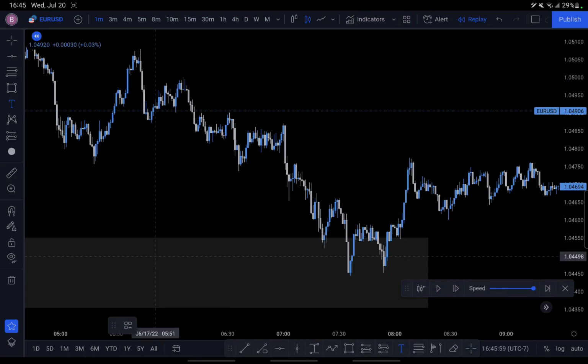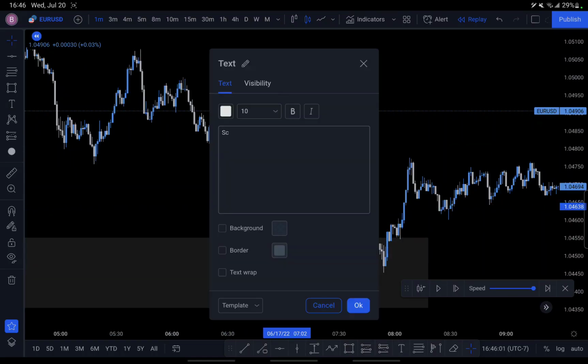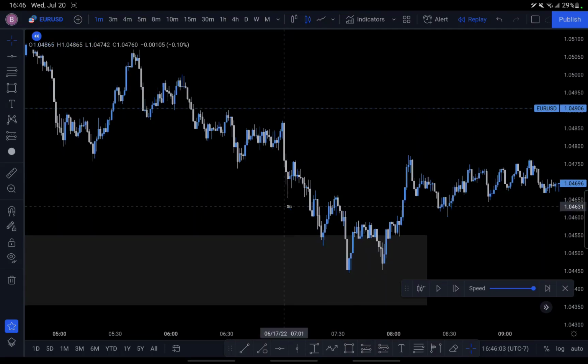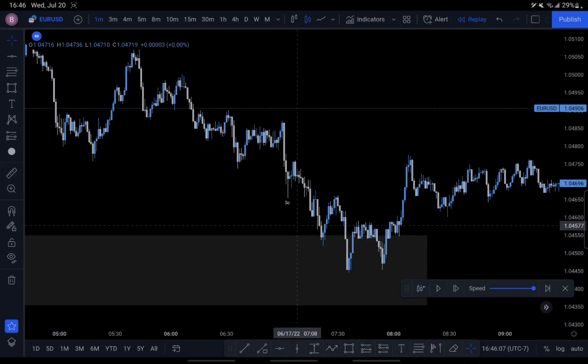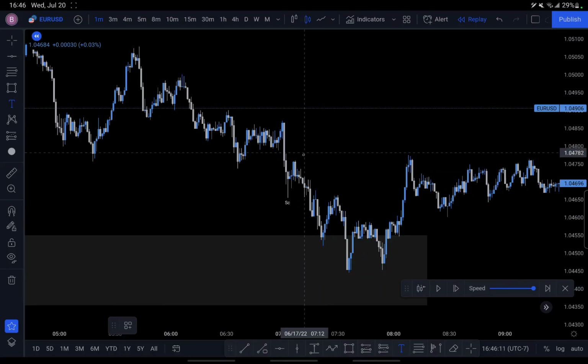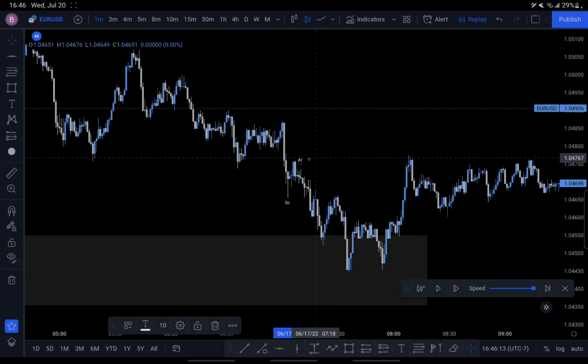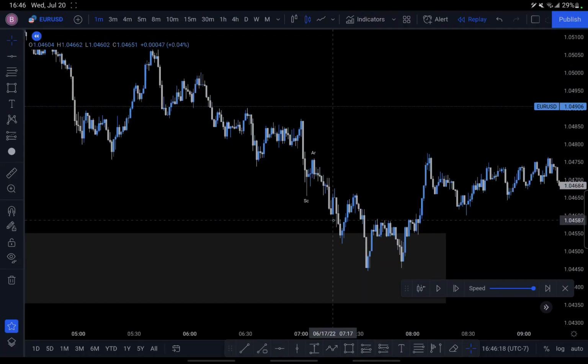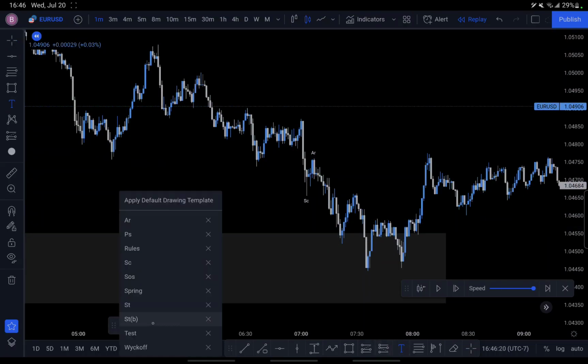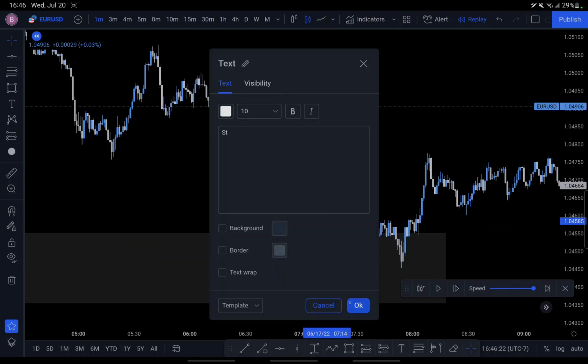So we have our seller's climax here after slowing in price. Let me lock this zone up. Okay, we have our automatic rally. We have our secondary test right here.